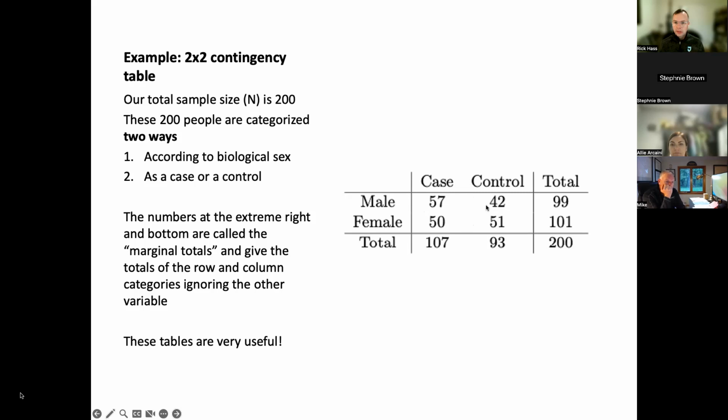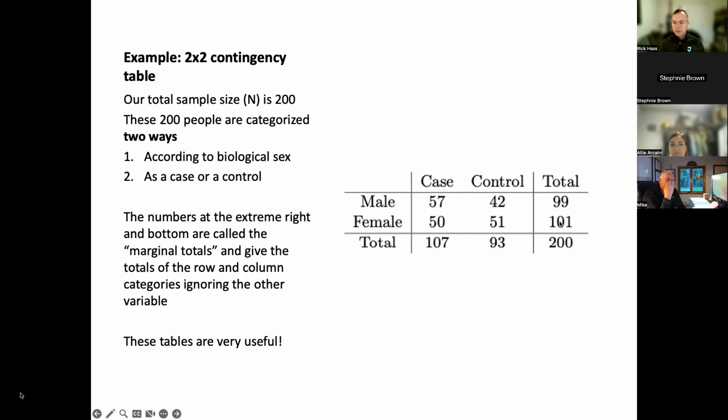Right, so we call these the cell counts, cells, just like in Excel. And then on the margins of the table, we have the marginal counts or marginal totals, right? So we read off the rows or the columns. So if we had 57 and 42 together, overall, marginalizing over or ignoring whether the person has asthma or not, there were 99 males in our sample.